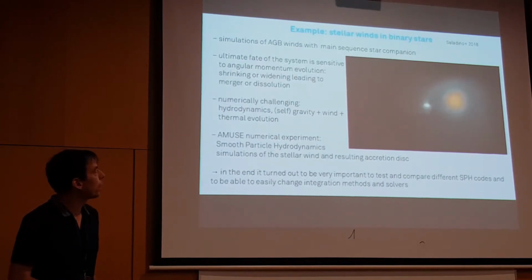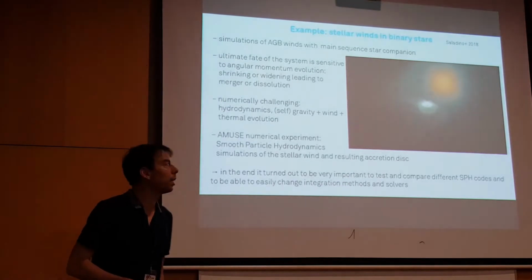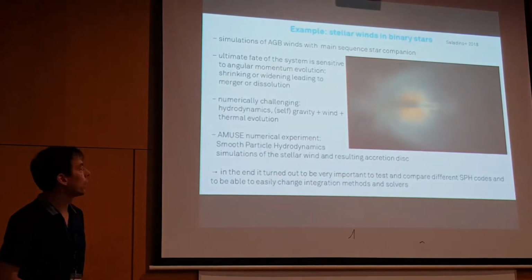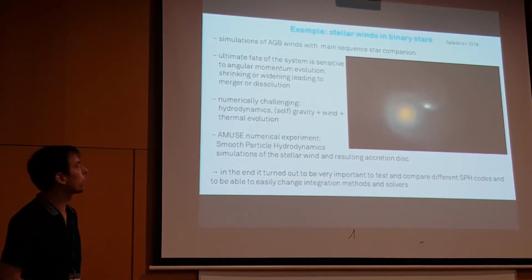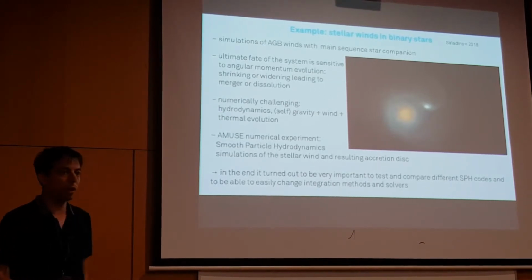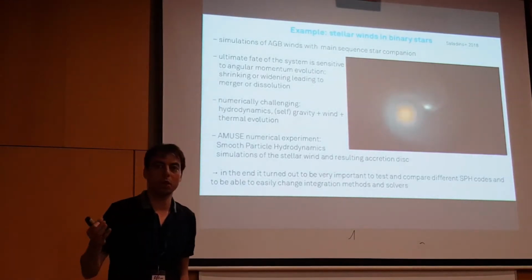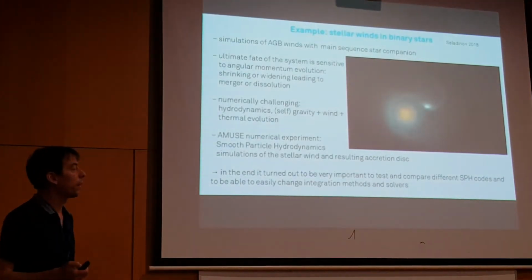The second one is an example that has been worked on by Marta Saladino, and she's actually defending her thesis today. She studied simulations of HEB, so evolved stars, and the interaction of the wind with the companion. This is quite a difficult problem, because the ultimate fate of this system depends a lot on the angular momentum balance, and you have to have very high precision for that.